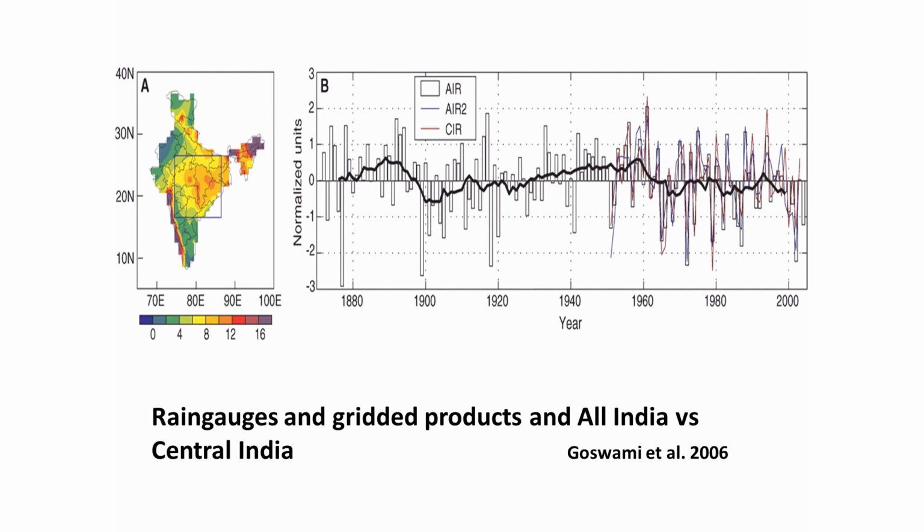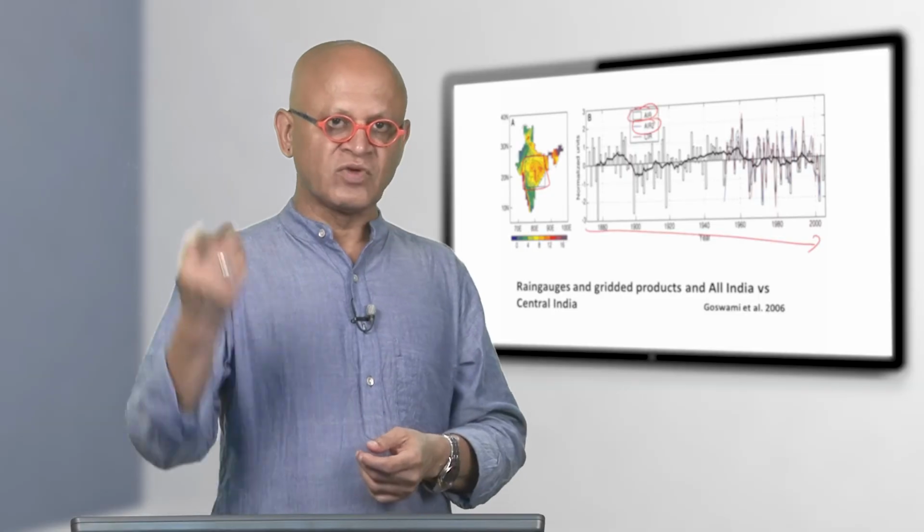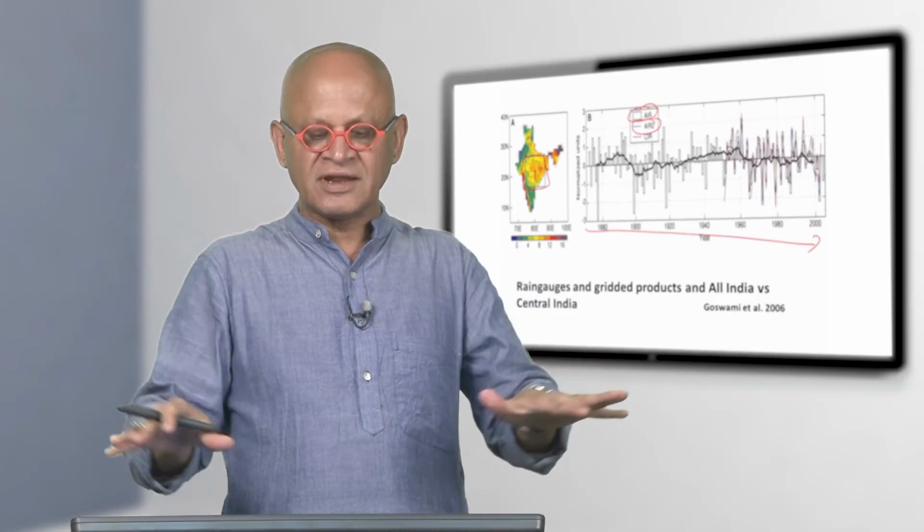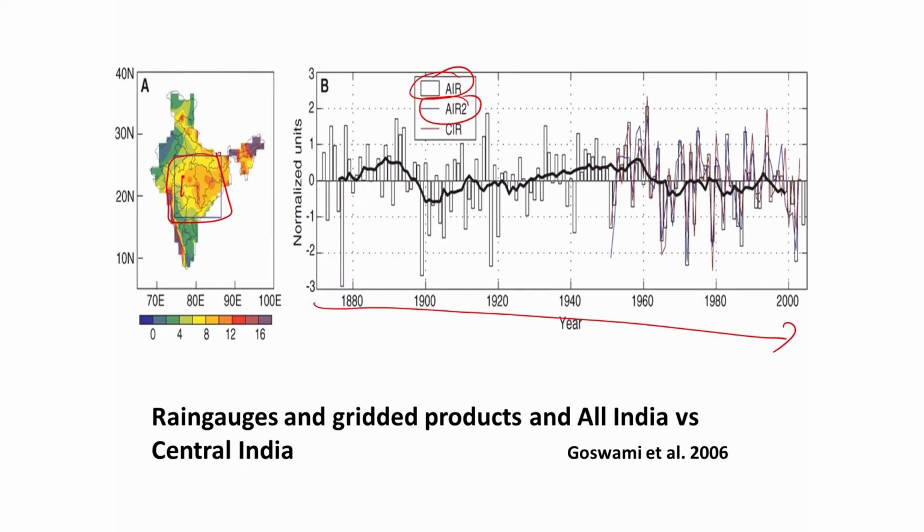So this is a nice paper on monsoon extremes, and it basically shows that if we look at the rainfall distribution for the last 100 and some years, this is again all India rainfall with two products. One is just the rain gauges, another one interpolated the rain gauges and made boxes over India, so that in each box you can find how much the rain is.